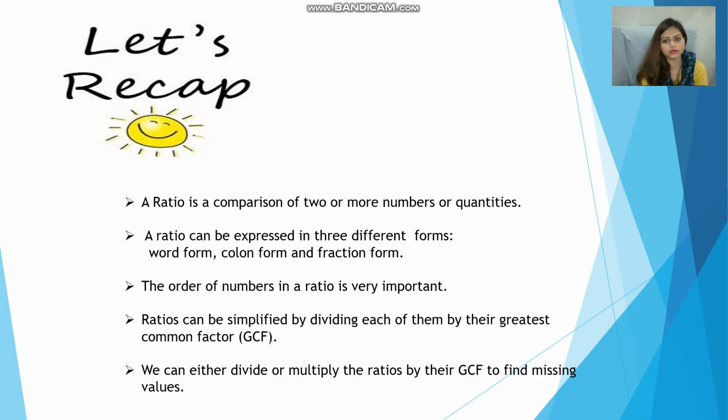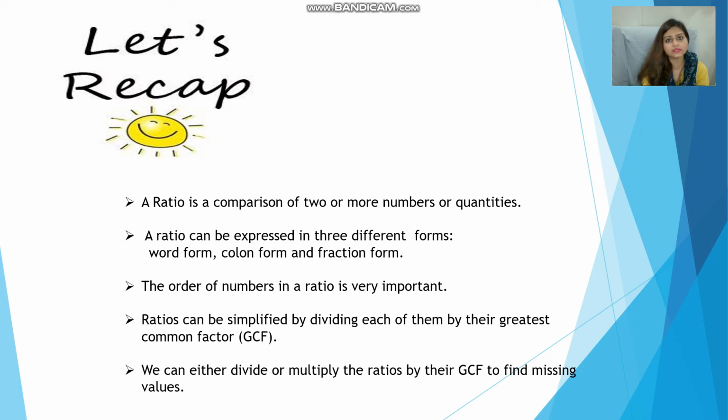Wow, we learned a lot in today's class. So let's recap. A ratio is a comparison of two or more numbers or quantities. We learned that a ratio can be expressed in 3 different forms: word form, column form, and fraction form. The order of numbers in a ratio is very important.